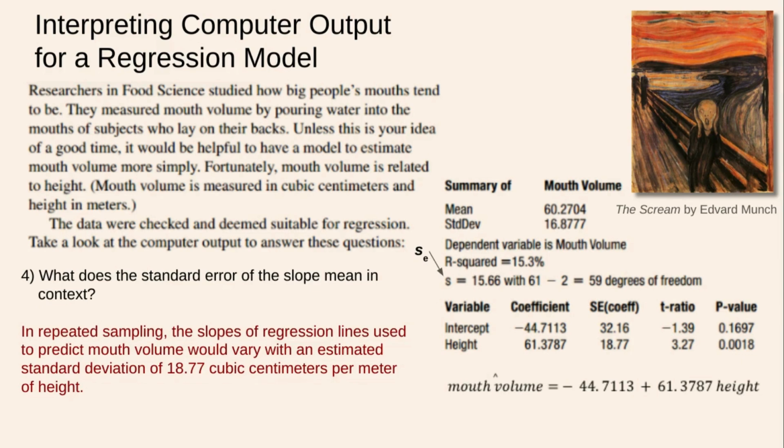Even if the data generally do form a pretty nice, neat, linear shape, there's still going to be some variation from sample to sample. That's just how sampling works, all right? So the slopes of the regression lines to predict mouth volume would vary with an estimated standard deviation, that's what a standard error is, of 18.77 cubic centimeters per meter of height.